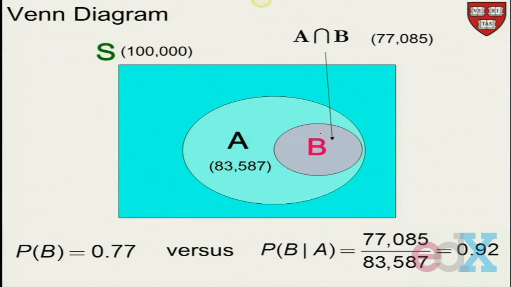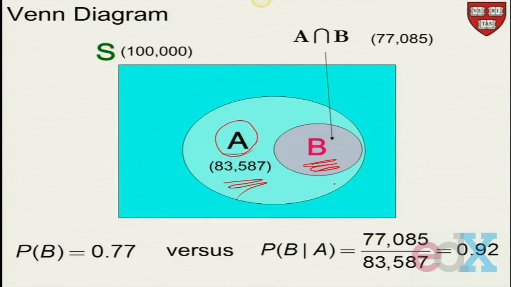In the Venn diagram, this is a special Venn diagram because A is the event you reach 65, and there was 83,000. The event B was that you reach 70, and so this is a sub-event, or it's a subset in the Venn diagram. B is completely engulfed in A. So B and A and B are one and the same in this one particular case.